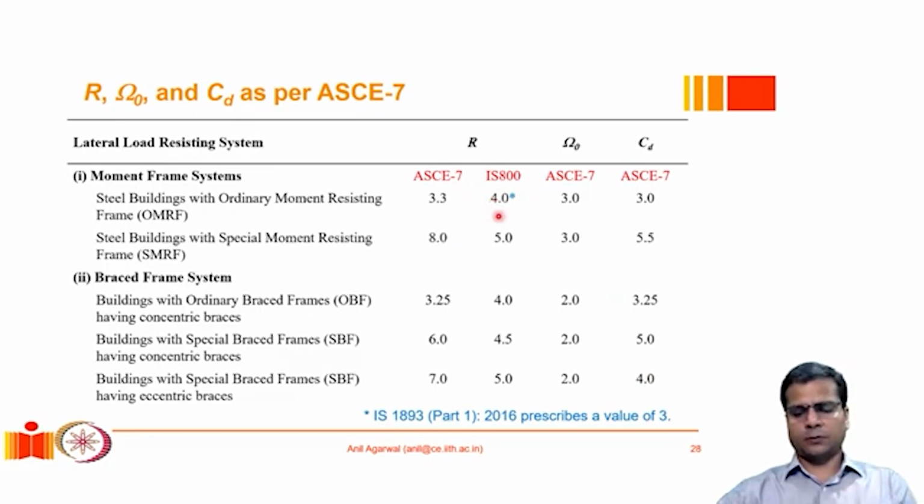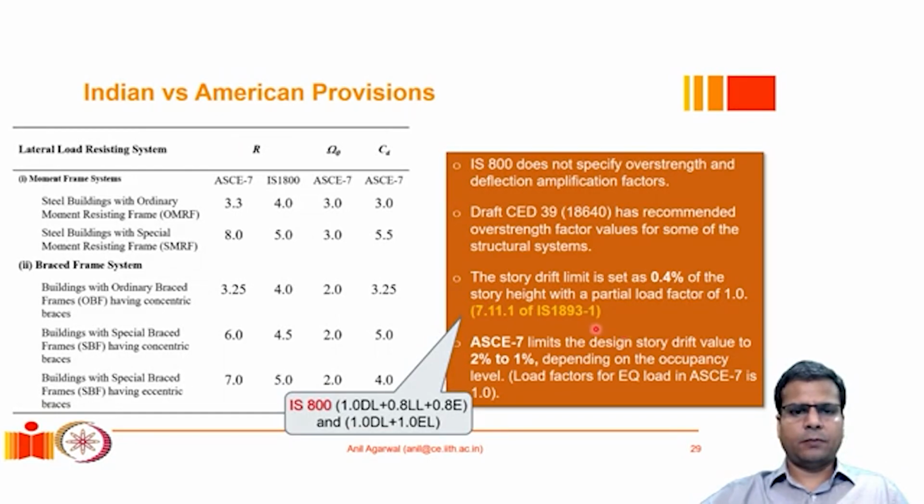So there is a bit of discrepancy between different codes, and it could be anybody's guess to follow one of the two codes. As we have mentioned before, IS 800 does not explicitly mention the overstrength factor and the deflection amplification factor. However, it does mention the response reduction factor R. So these omega 0 and CD factors are missing in IS 800. However, they are implicitly incorporated, which we have seen some glimpses of.